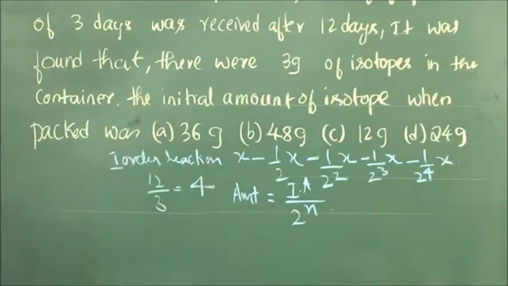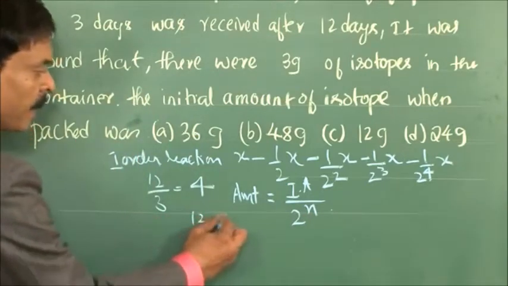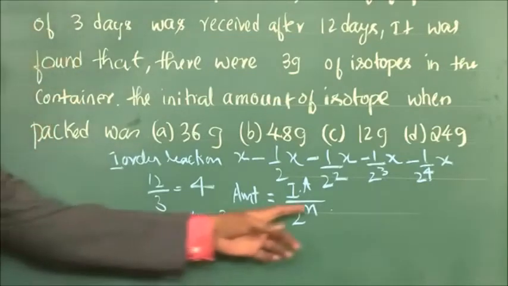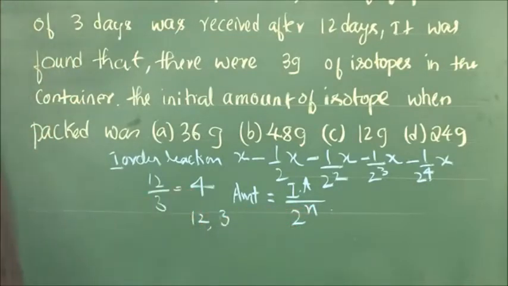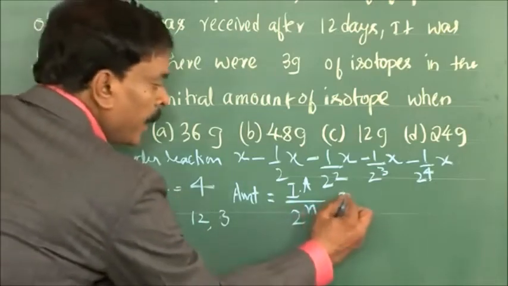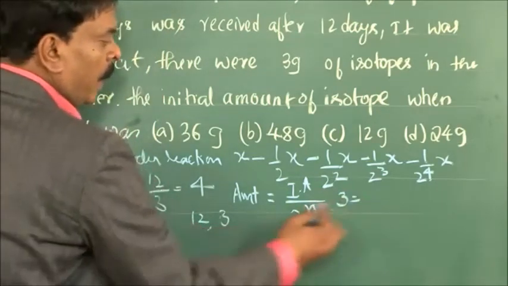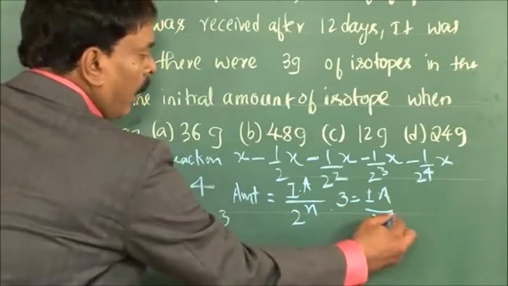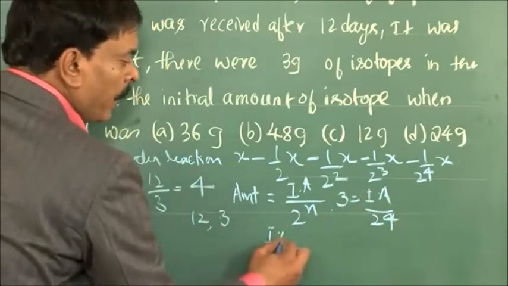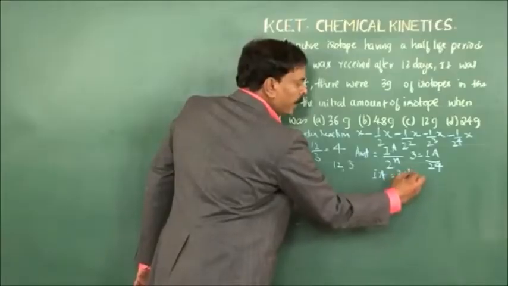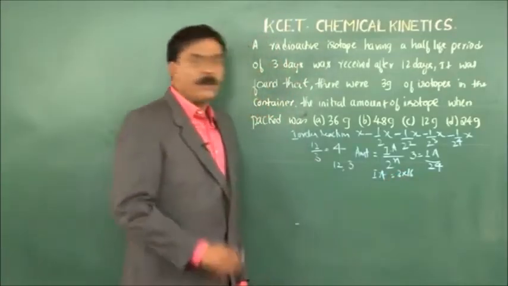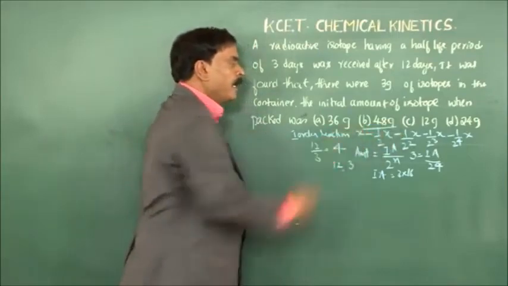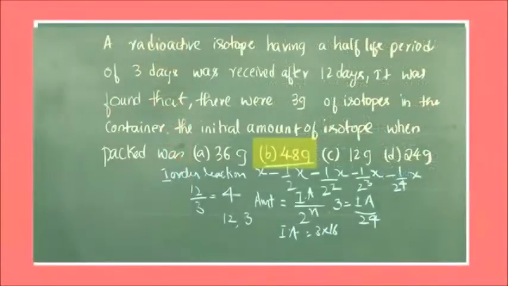In this case, the given time is 12 days, half-life period is 3 days, therefore the value of n will be 4, and hence the amount in the container, 3, is equal to initial amount divided by 2 to the power 4, or the initial amount will be equal to 3 into 16, and that is equal to 48 grams. And therefore, the right answer for this question is 48 grams.